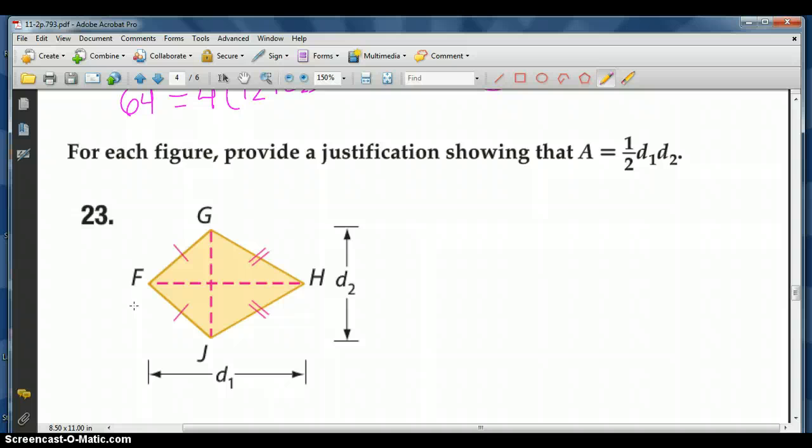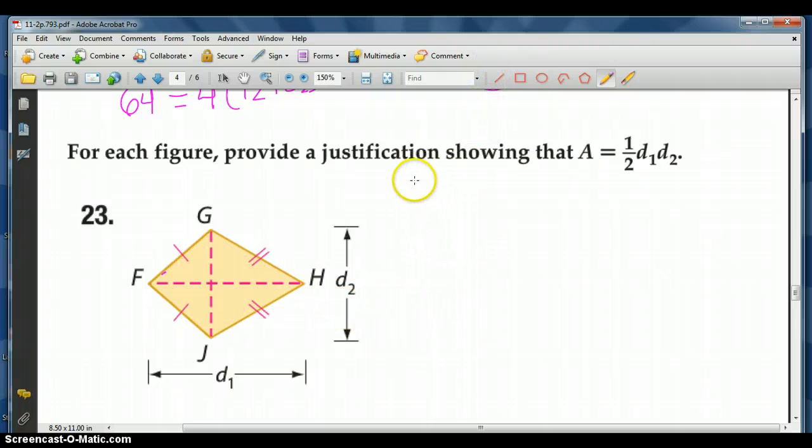Number 23, for each figure, provide a justification showing that area is equal to half of D1 times D2. So for 23, our area could be broken up into the area of this triangle plus the area of this triangle.